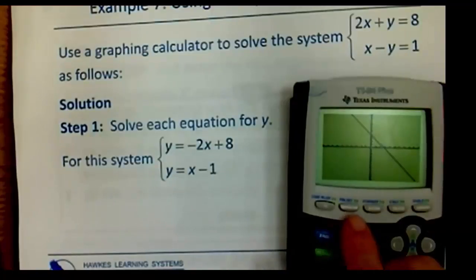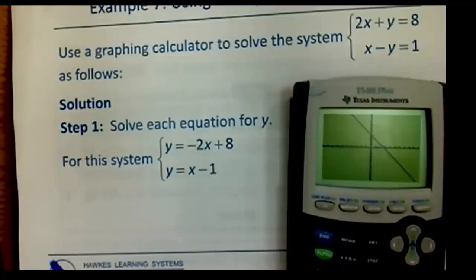Table set lets us figure out where we want our table to start on our calculator, or it lets us put in X's. Format, we don't really do much with it. Calculate, above trace, is where we can find that intersection if we hit that key. There's an intersect piece, and we'll do that in a second here.